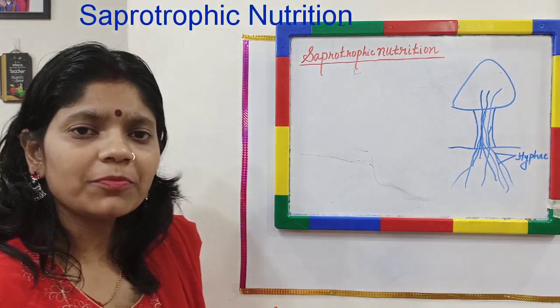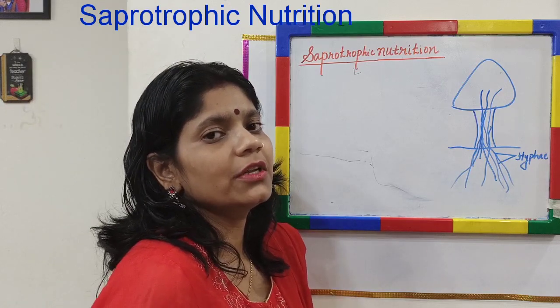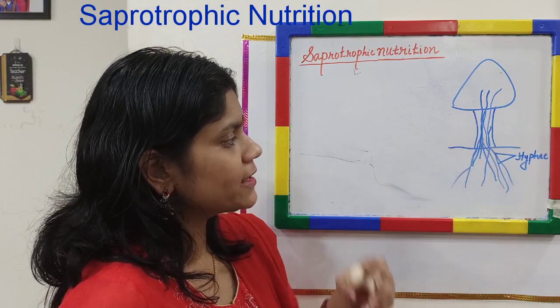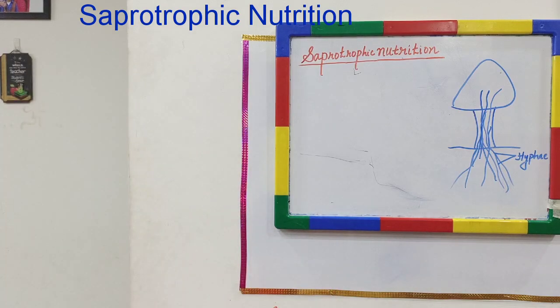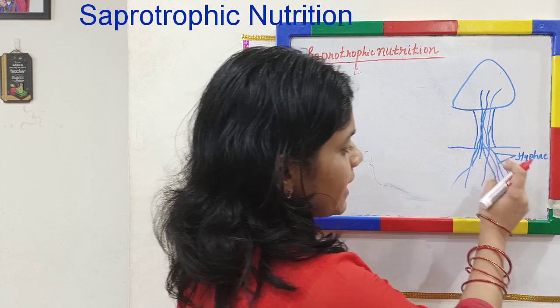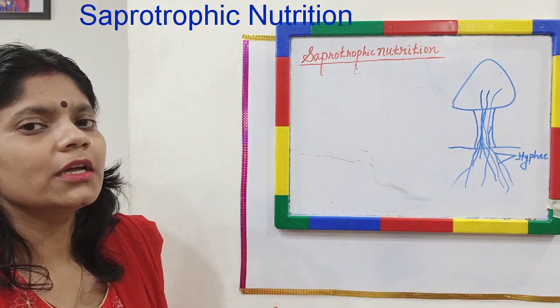So, what problem do they have? They have a problem of taking their nutrition when they do not have mouth or other digestive organs. So, what do they do? With the help of these hyphae, they secrete certain chemicals, and those chemicals are called enzymes.